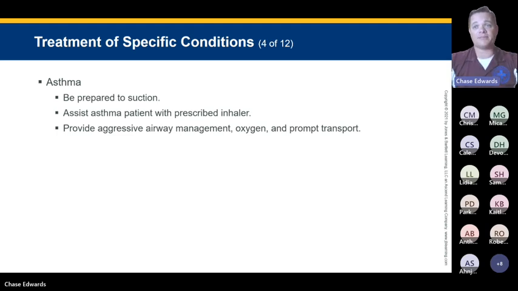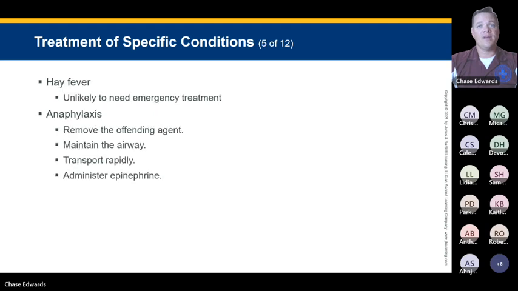They're going to be in a panic, and then prompt transport for that. Hay fever. Hay fever is unlikely to need emergency treatment. So, but you'll manage the airway. You'll give oxygen according to the level of distress there.